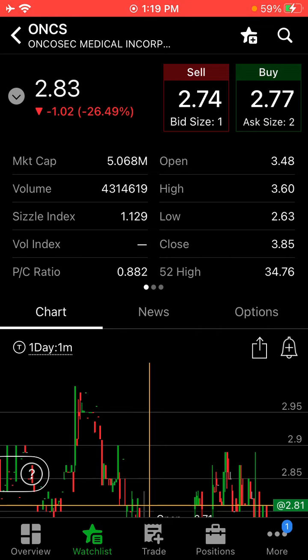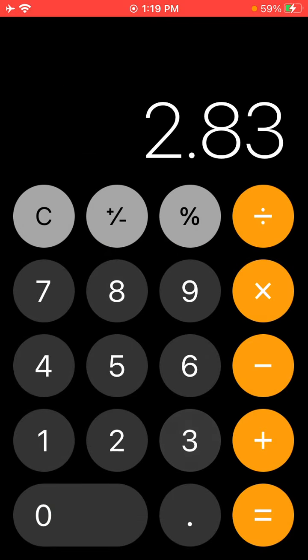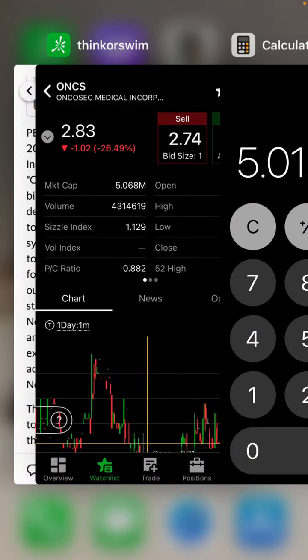So 2.83 times the float equals. In this case, if I were to approximate what the float is, I'll say now I know the pretty accurate float.